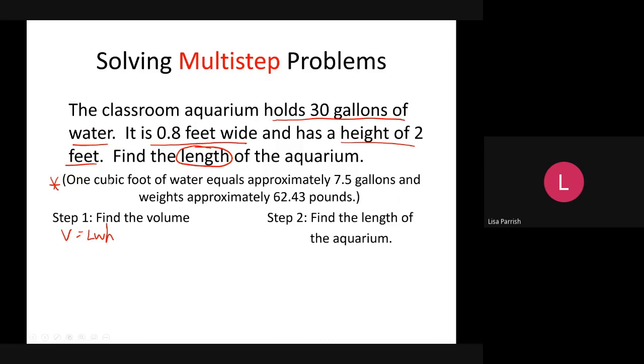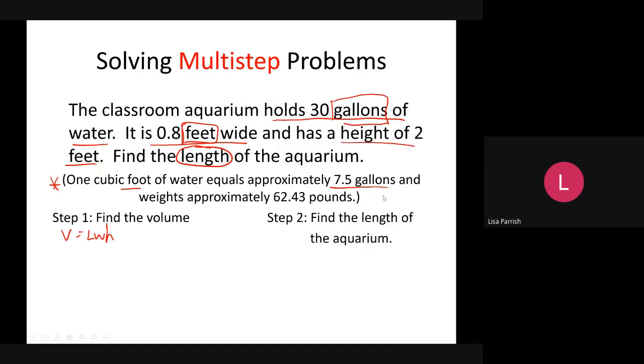So this conversion rate or conversion factor right here is what's important. It says 1 cubic foot. Notice we're dealing in feet here, so this is helpful. 1 cubic foot of water equals approximately 7.5 gallons and weighs approximately 62.43 pounds. Look at my units in this problem. I have gallons and I have feet. So this is telling me that 1 cubic foot is approximately 7.5 gallons.